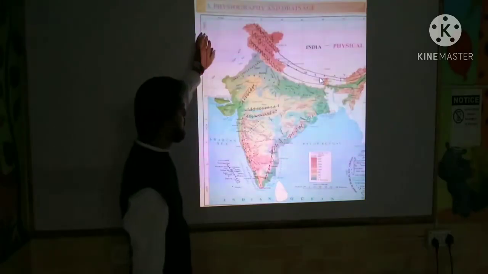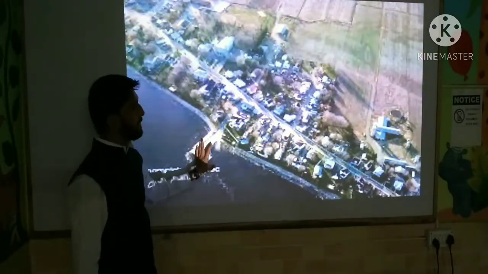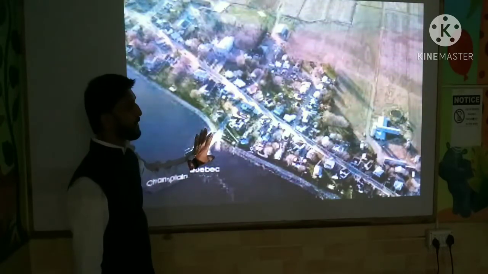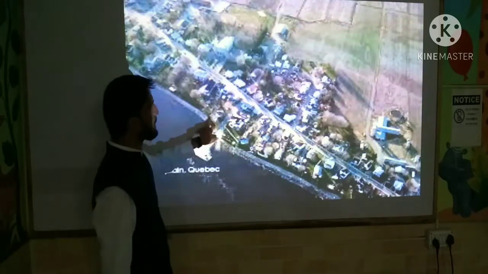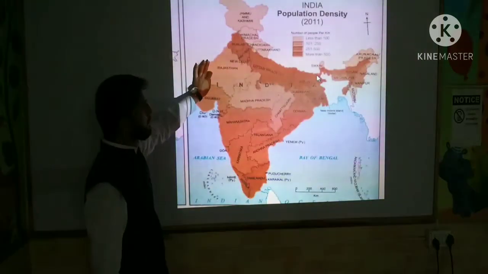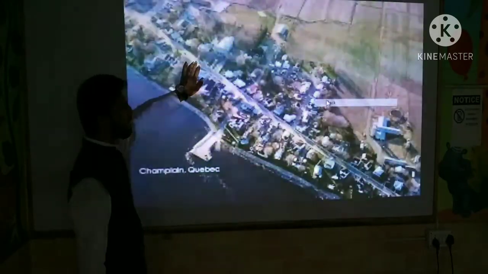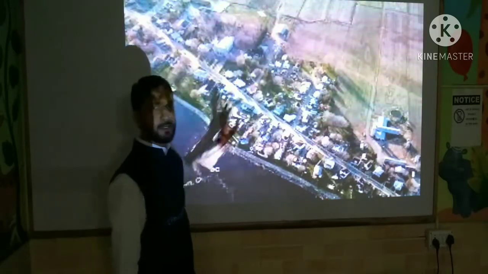If we see this one picture, here you can understand the population is concentrated in one place. One road goes from the center and settlement took place on both sides.